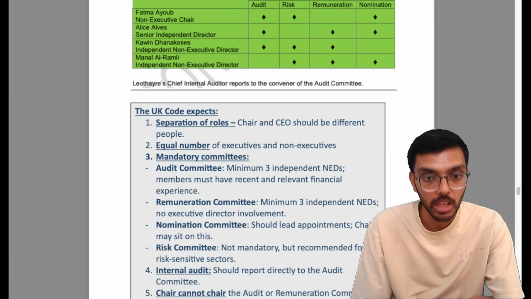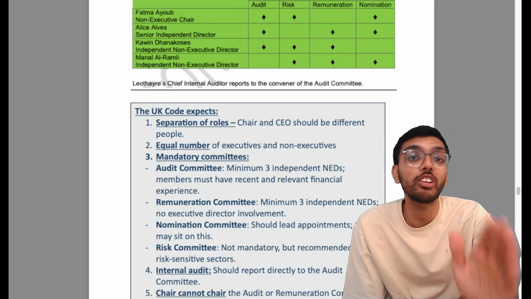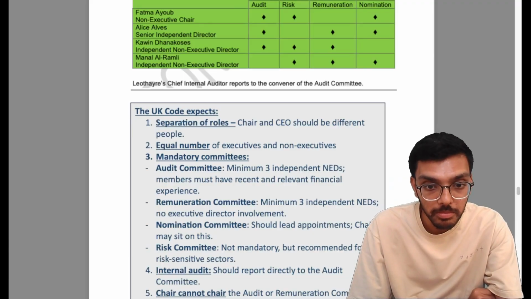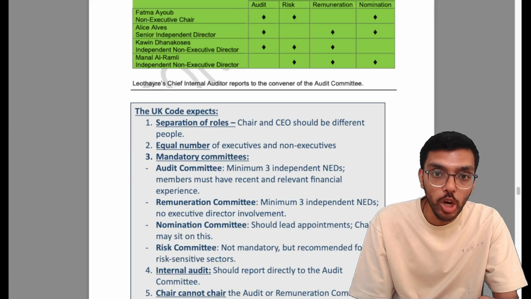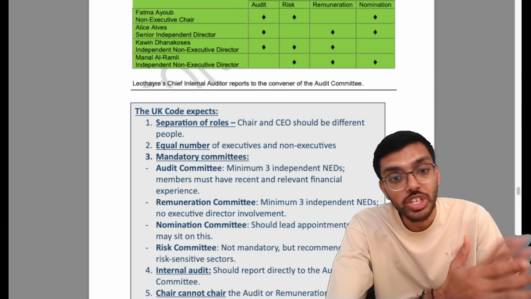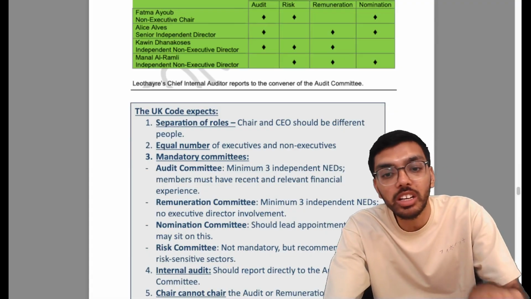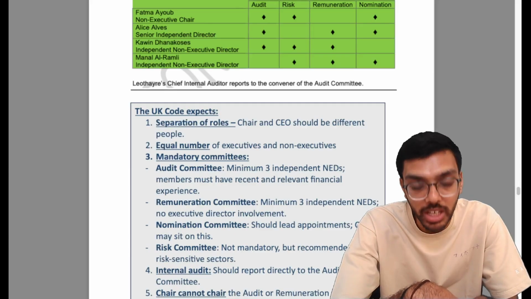Risk committee is not mandatory, but it's recommended. It's good that we have a risk committee. Internal audit should directly report to the audit committee, which is also met. The chairman cannot chair the audit committee or remuneration committee, but can be part of it.